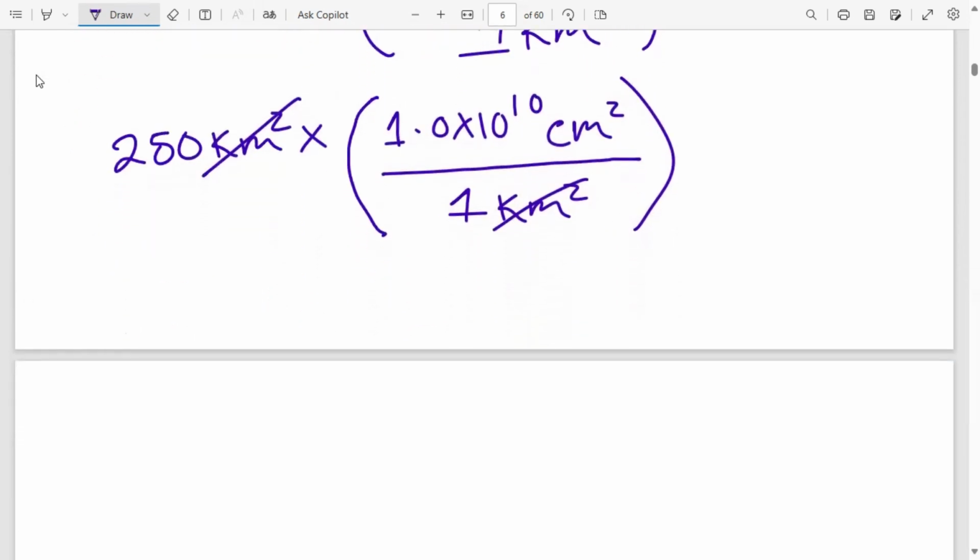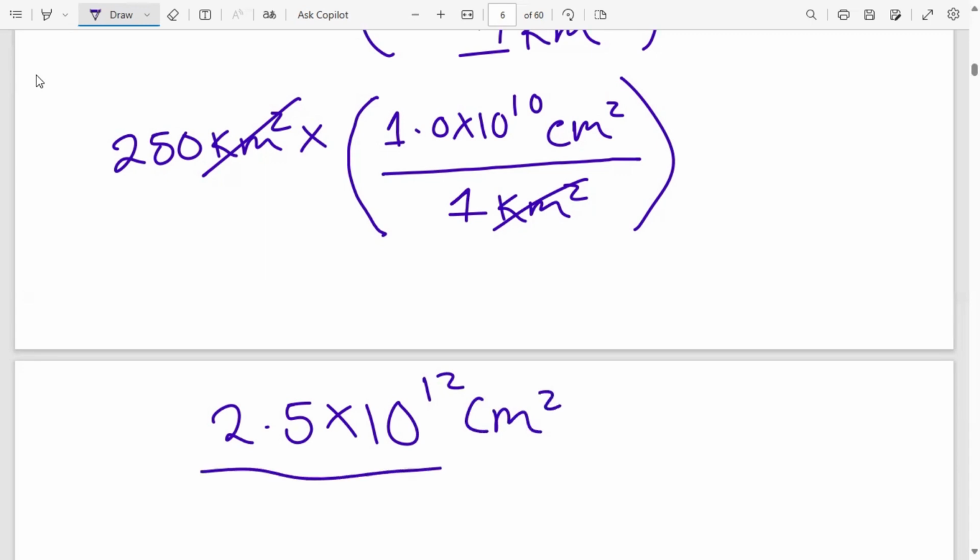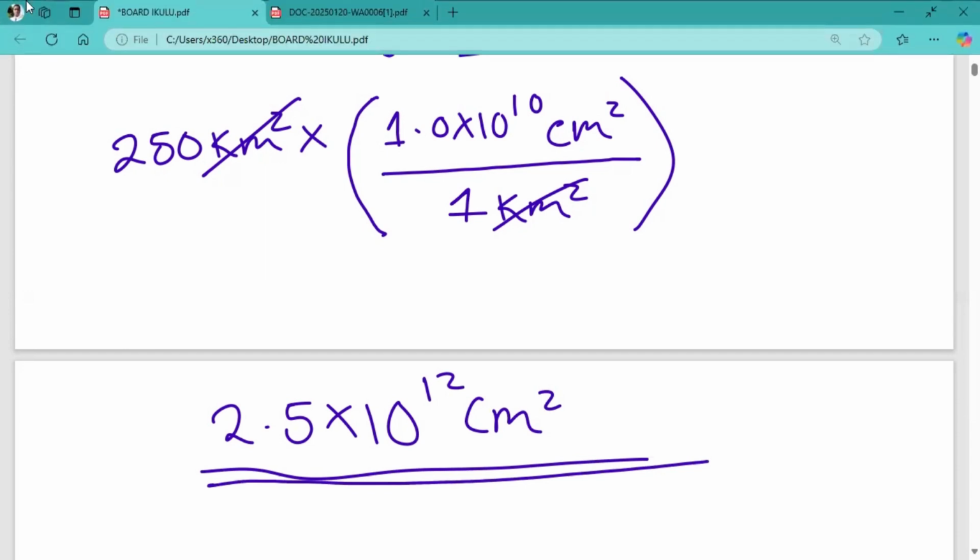And we're going to remain with 250 multiplied by 1 times 10 to the power 10 square centimeters over 1. So what are we going to have? 250 multiplied by this number here will give us 2.5 times 10 to the power 12 square centimeters, like that. Okay, so that's all on part 2.